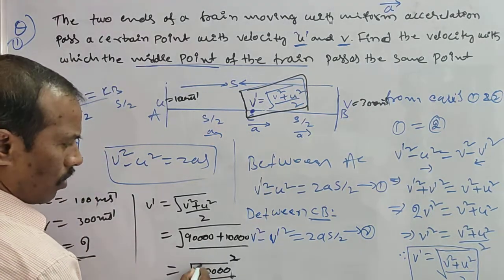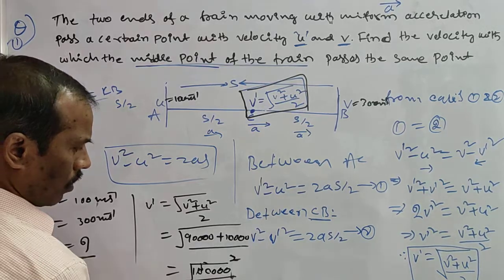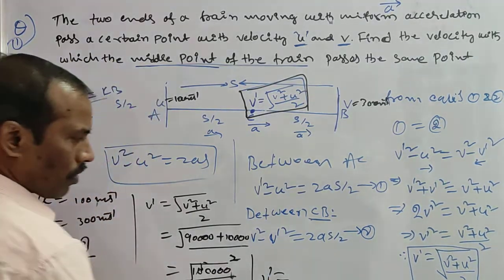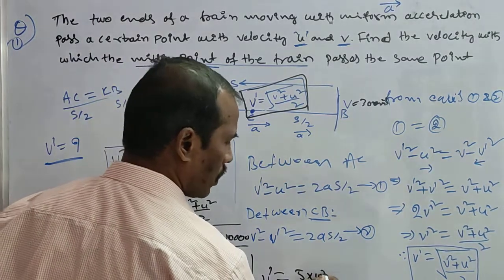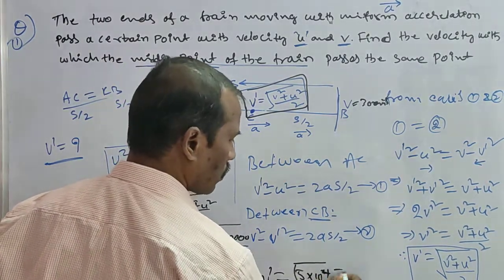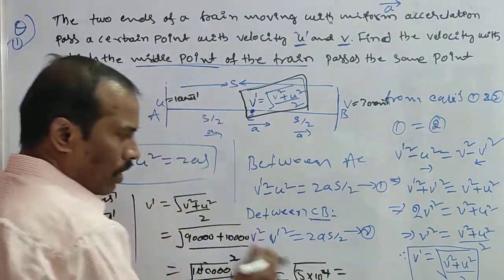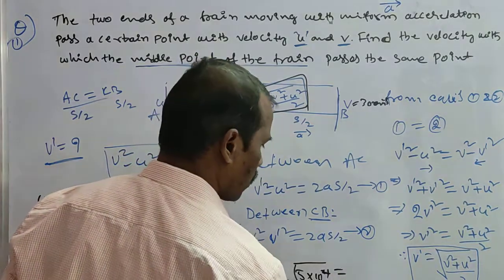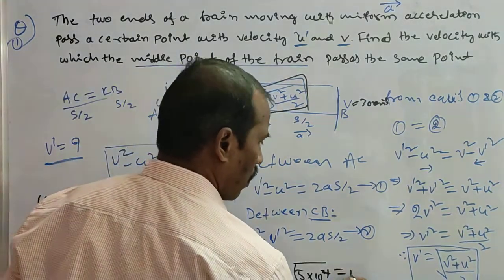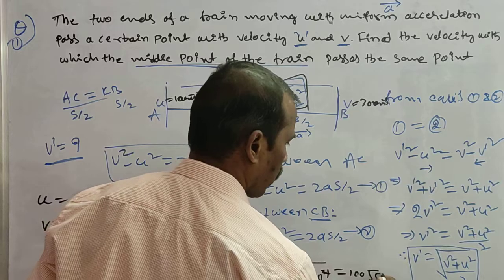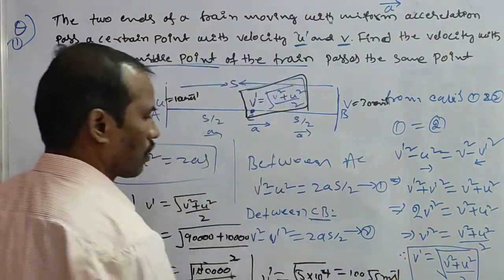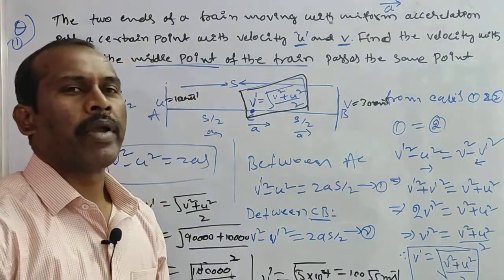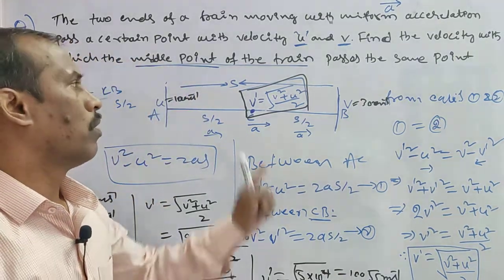Simplifying, 2 one's are 2, 5 twos are 10, remaining 5 zeros, so v prime is equal to 5 into 10 power of 4, that is equal to 100 square into 5. So this is 100 under root 5 meter per second. This is the answer: 100 into root 5 meter per second at the midpoint of the train.